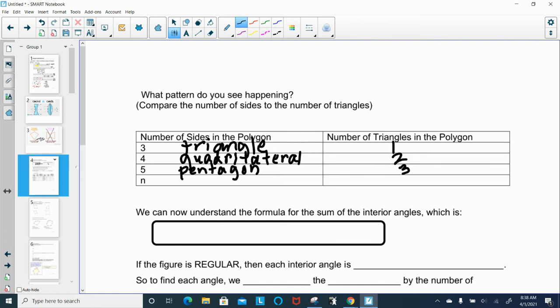So the interesting part is if you look at the number of sides and you look at the number of triangles, and then you look at the number of sides for the next one, 4 and 2 and 5 and 3.